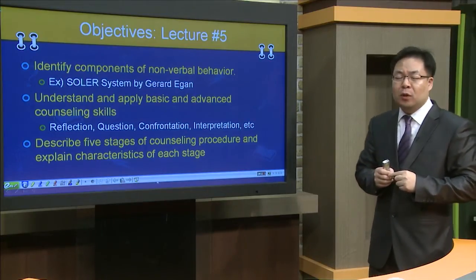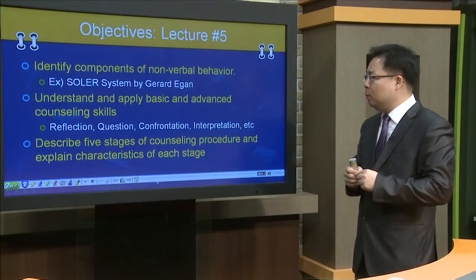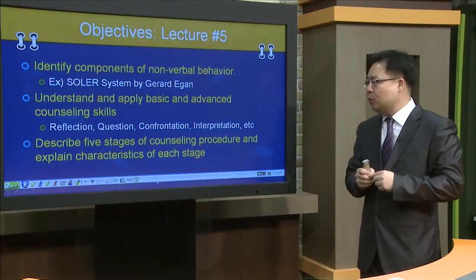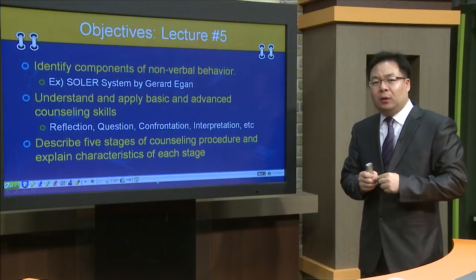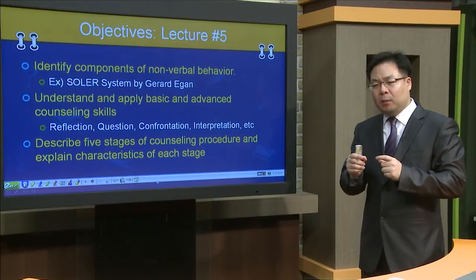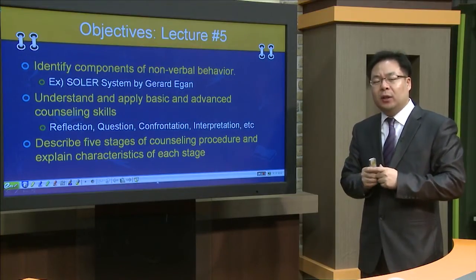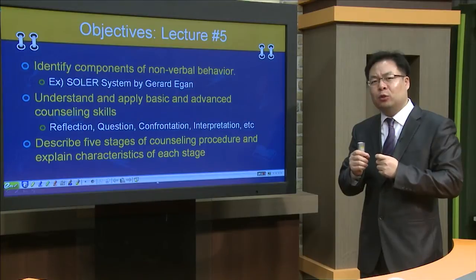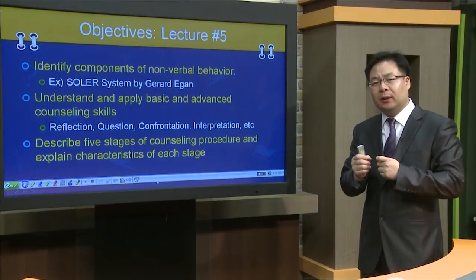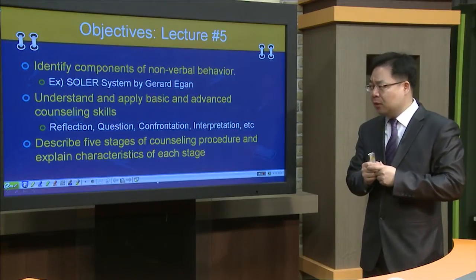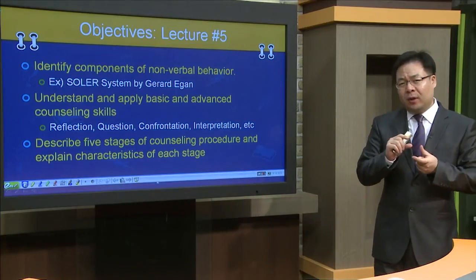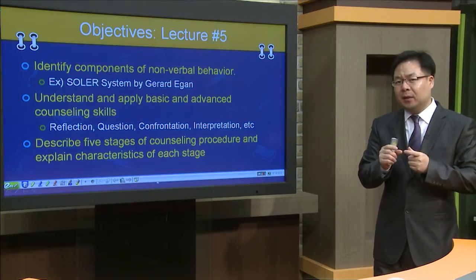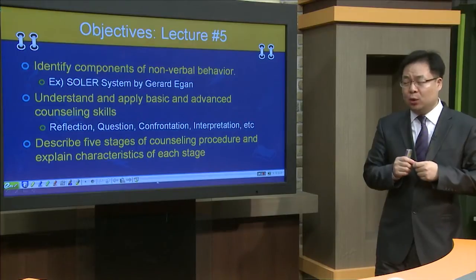The second one, we want to understand and apply basic and advanced counseling skills. If we think about counseling, communication is the core and essential part in the relationship between counselor and client, and counseling skills are very important techniques that we want to develop as a counselor.